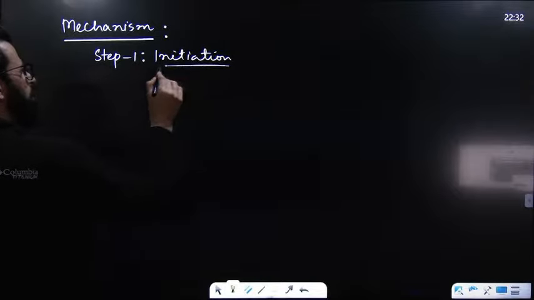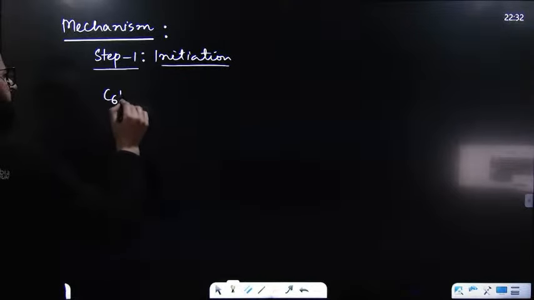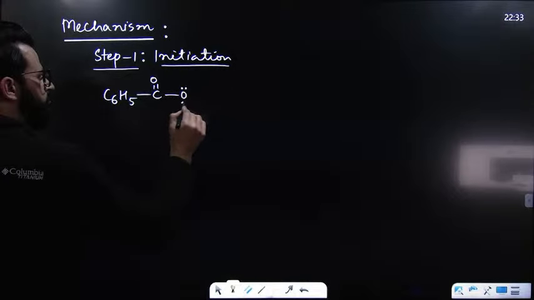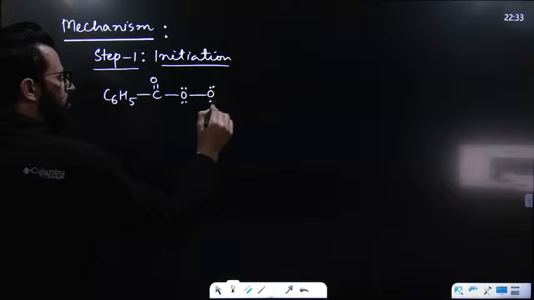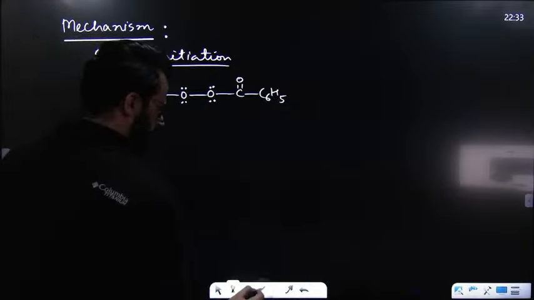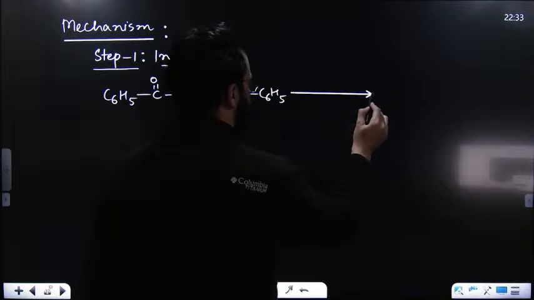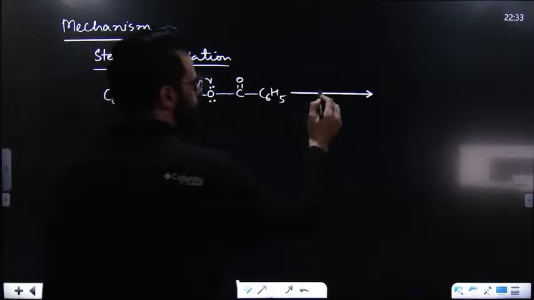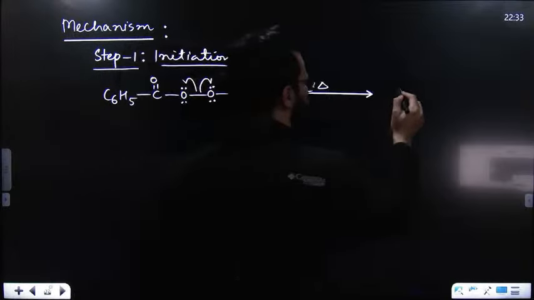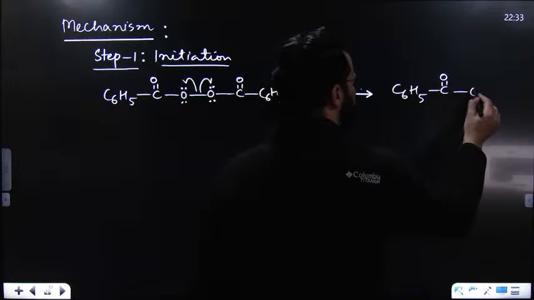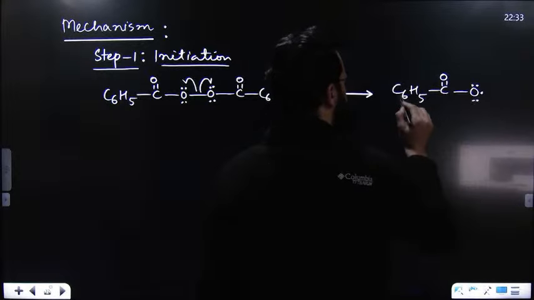Our peroxide, like say for example, if I am having a benzoyl peroxide, first of all, this peroxide linkage will break and it will result in the formation of a free radical, odd electron species.